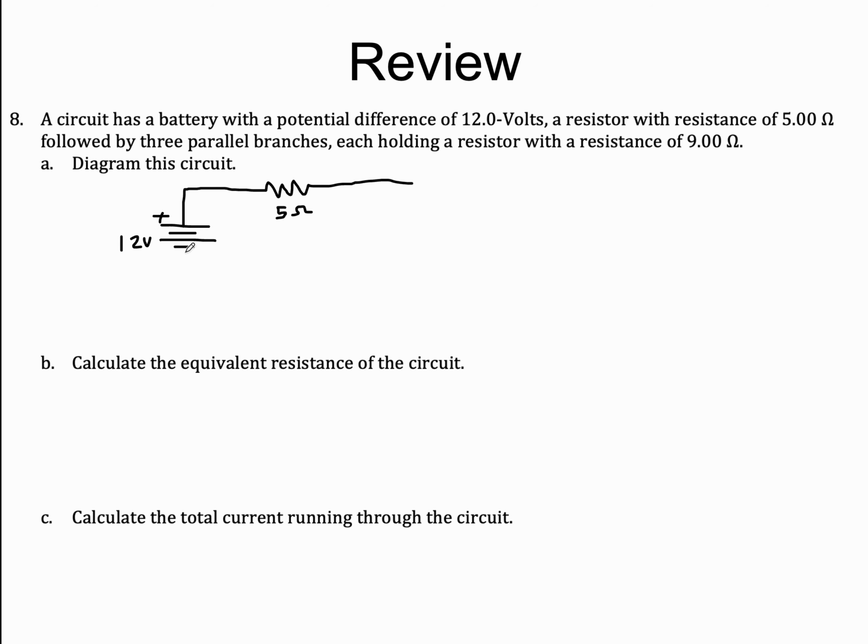And then this next part. What in the world do they mean? It's followed by 3 parallel branches, each holding a resistor of 9 ohms. I could draw them vertically like we did the other one with the 3 light bulbs.